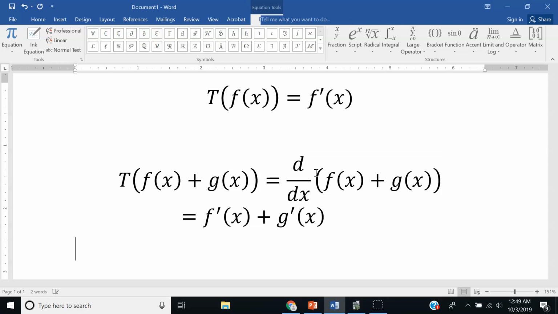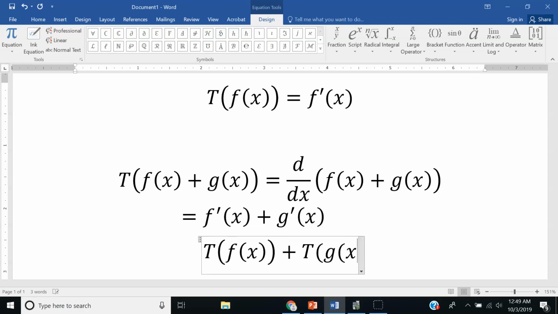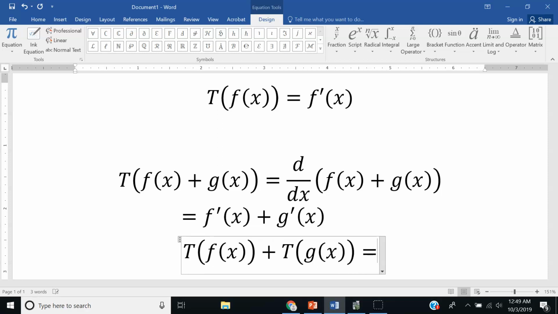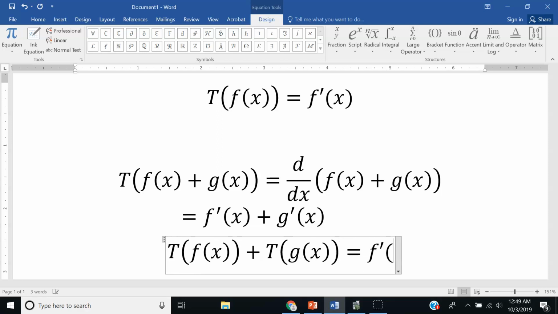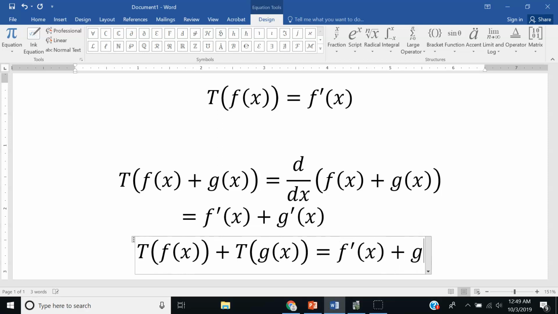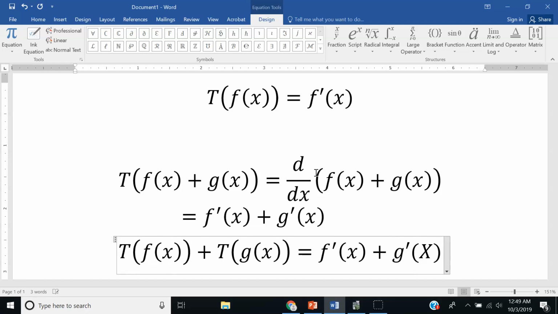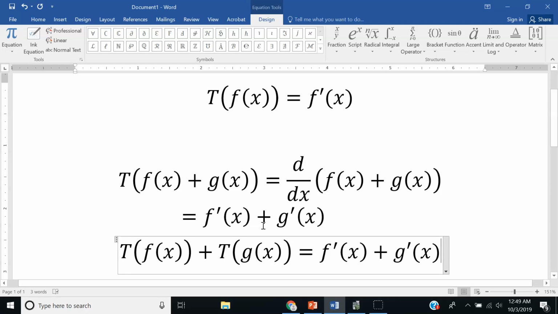Which in fact is pretty obviously the same thing as what you would get if you took the derivative of f and then took the derivative of g. All right, so there you go. So we do preserve addition.